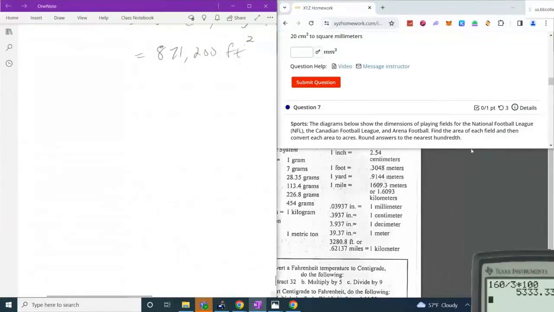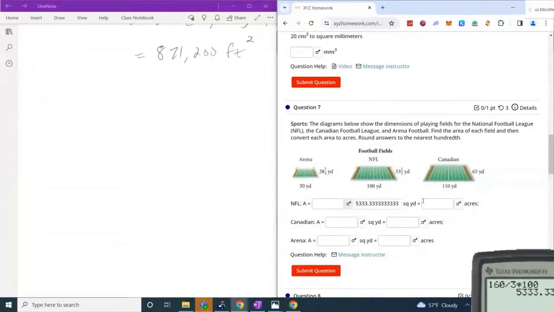All right. So just so I can write this down, for the NFL, to find the square yards, I took 160 divided by 3, right, which is the 53 1/3.